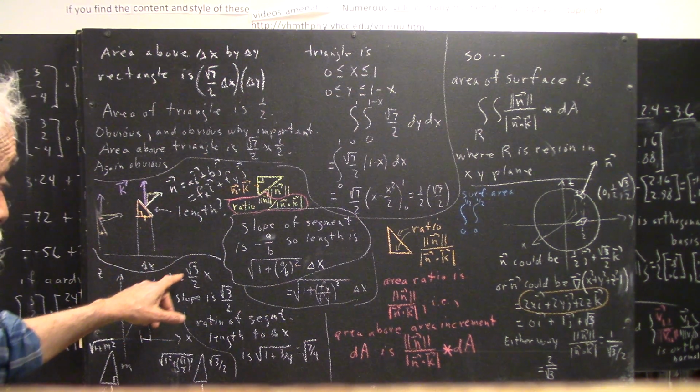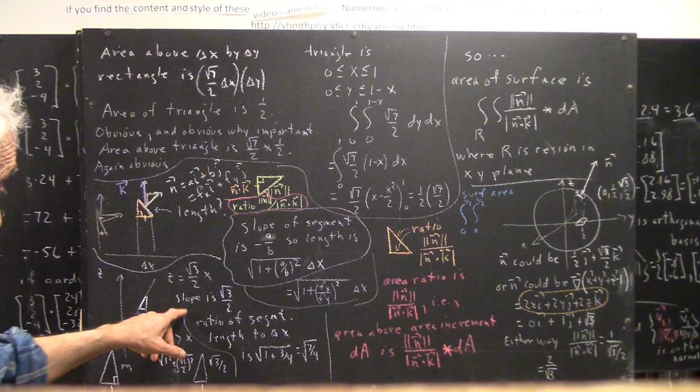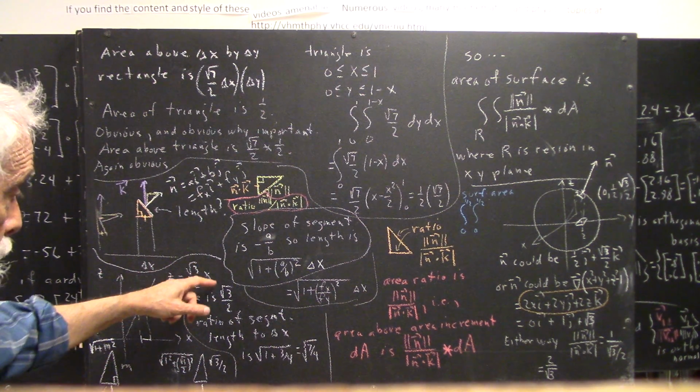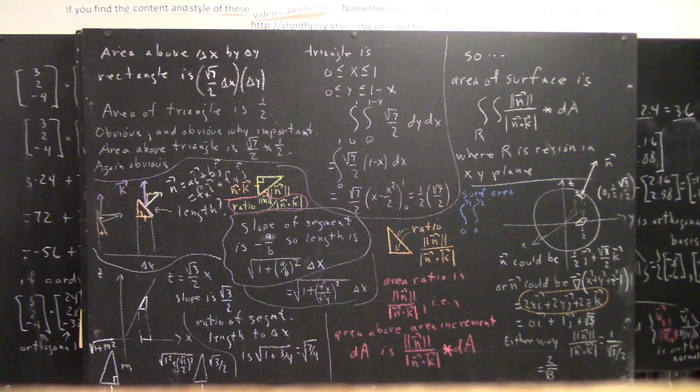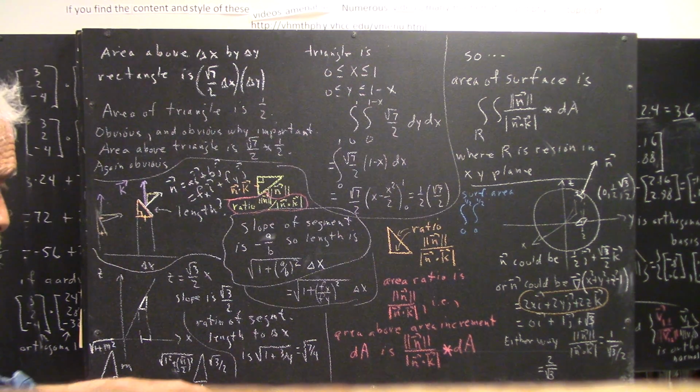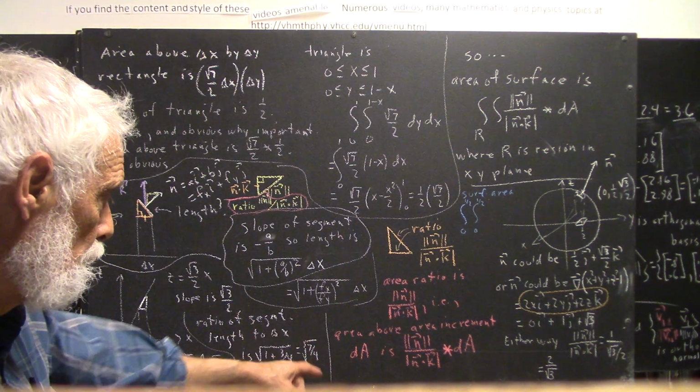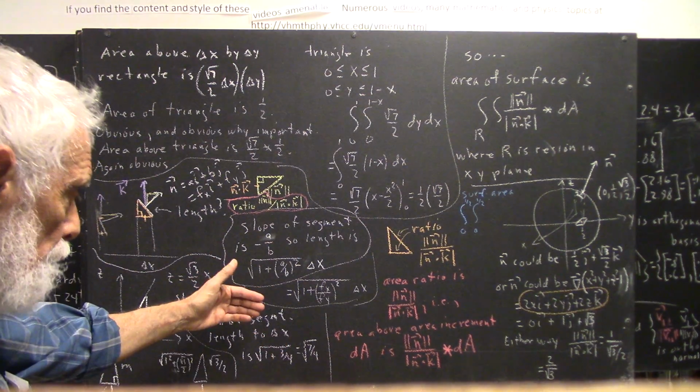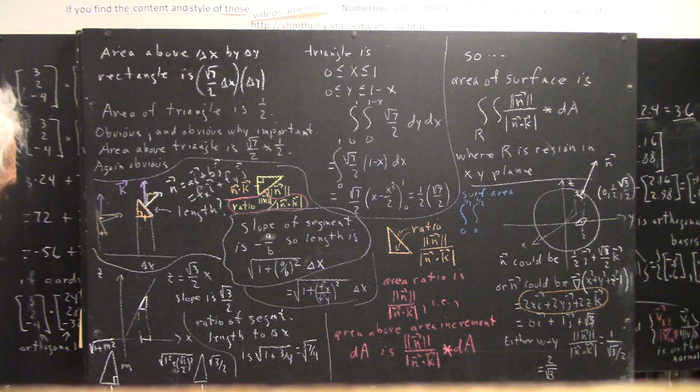Well, the equation z equals square root of 3 over 2 x means the slope of this segment is the square root of 3 over 2, and it's a very short argument to see that the length of this segment has to be the square root of 7 divided by 2 times the length of this segment.